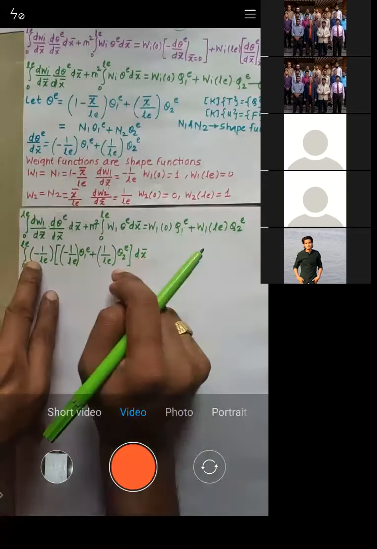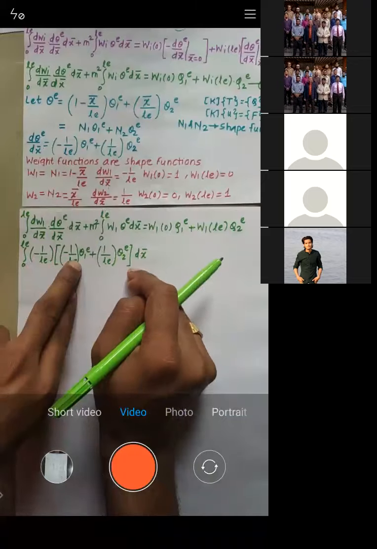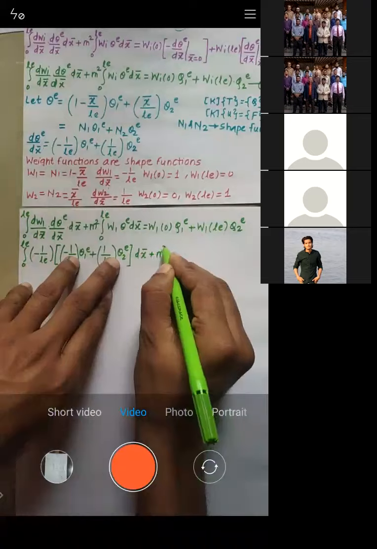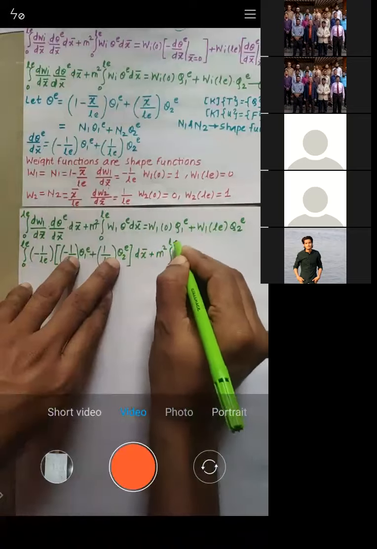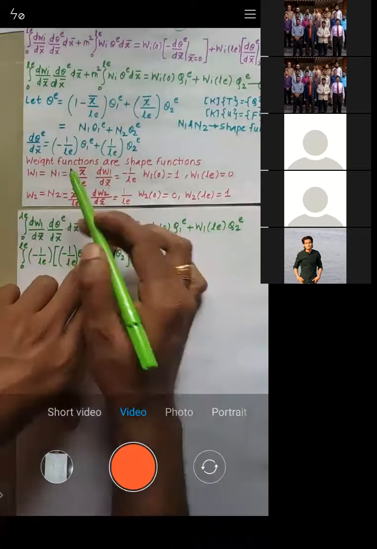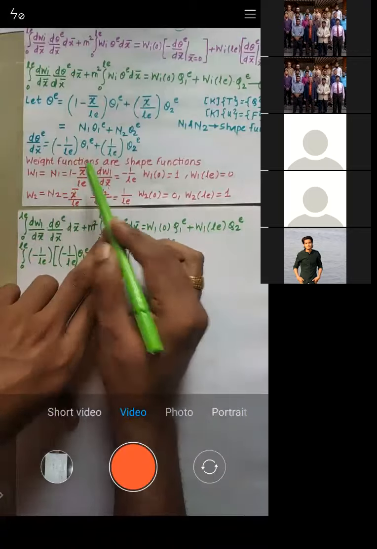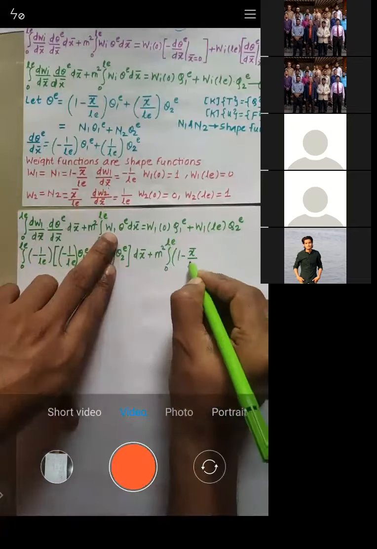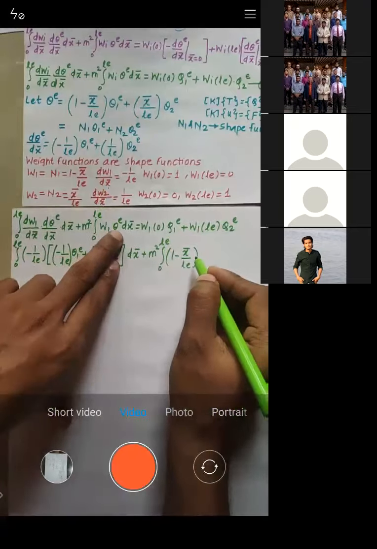See, dw1 by dx bar, d theta e by dx bar into dx bar, plus m square integration 0 to LE of w1, the first weight function, which is 1 minus x bar by LE, into theta e.